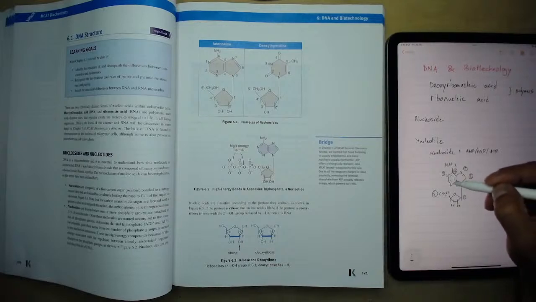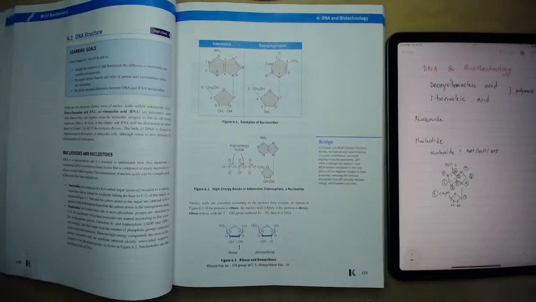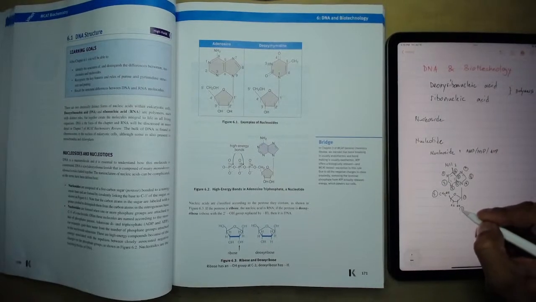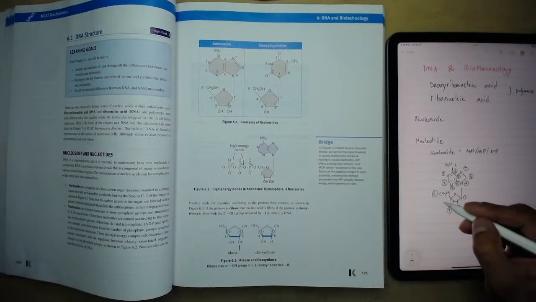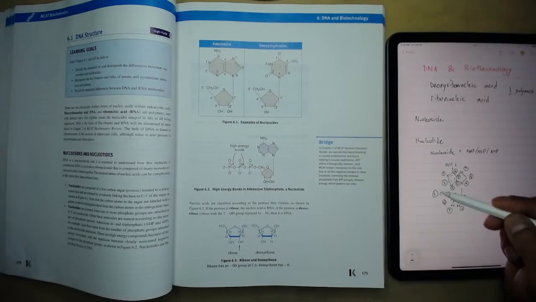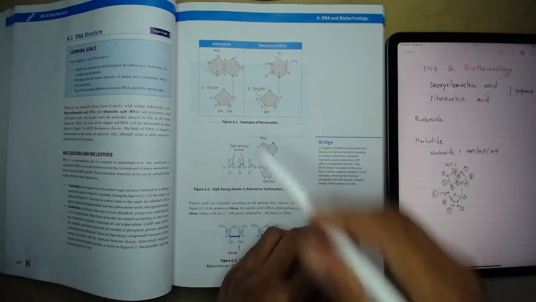We got 3 is the nitrogen. One, 2, 3, 4. So there's got to be 5 over here. 6, 7, 8, 9. 1, 2, 3, 4, 5. Oxygen doesn't get a number.